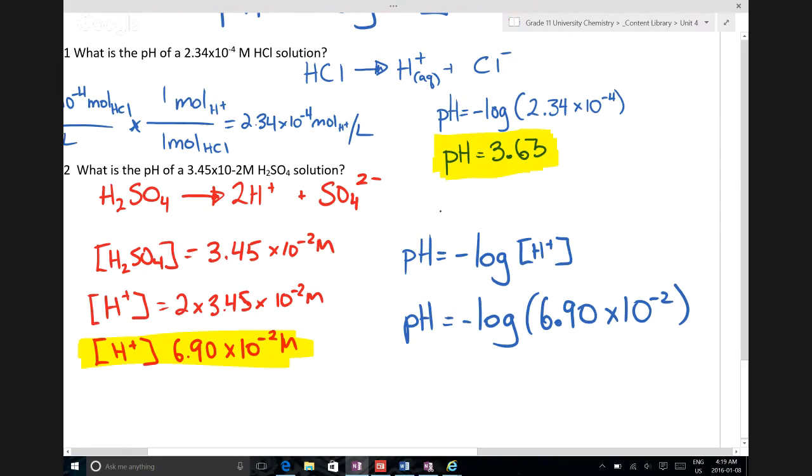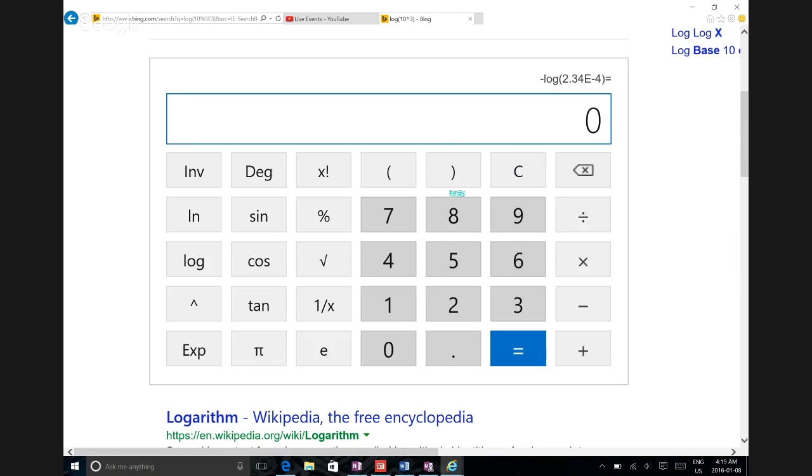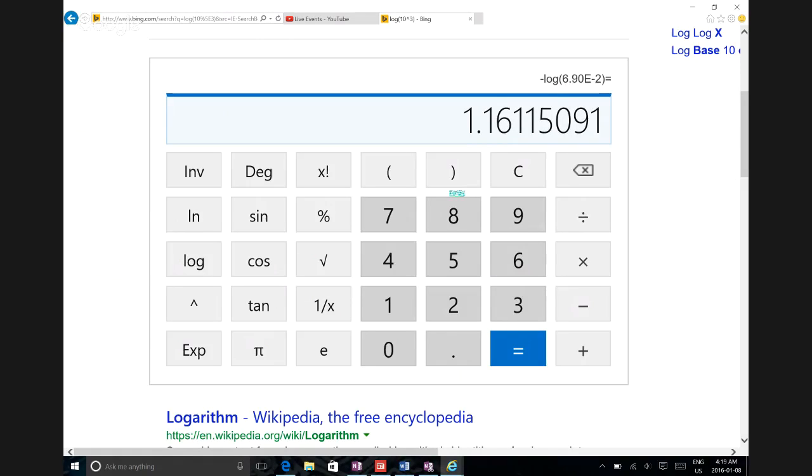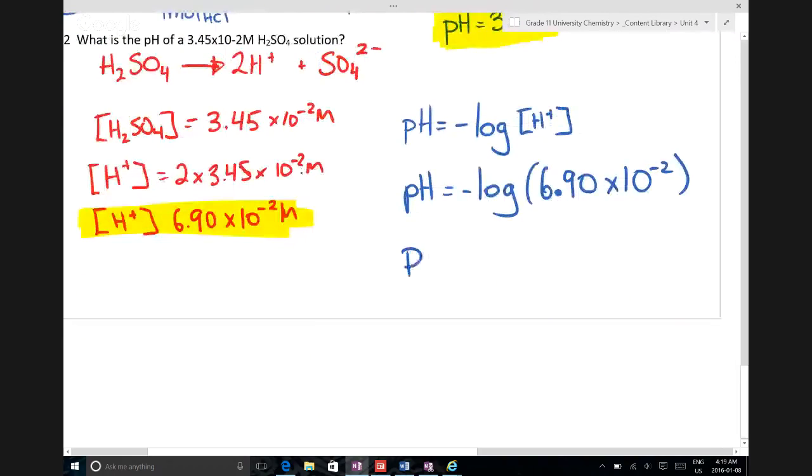And note that because this is times 10 to the negative 2, the answer is going to be around 2. It'll be between 1 and 2. So again, we would just take the negative log of 6.90 times 10 to the negative 2, and we get 1.16. And that means the pH of this solution is 1.16.